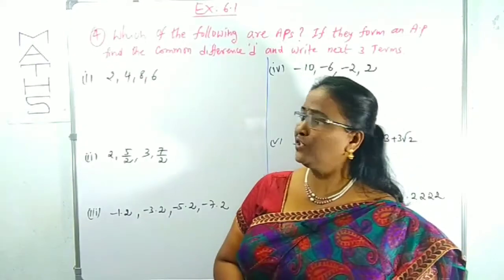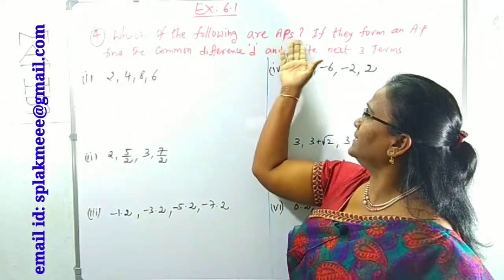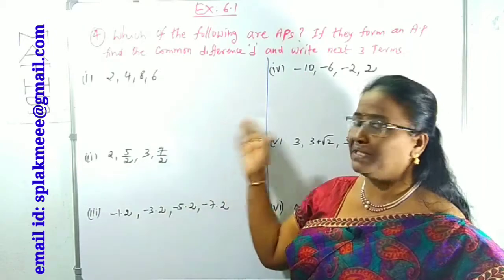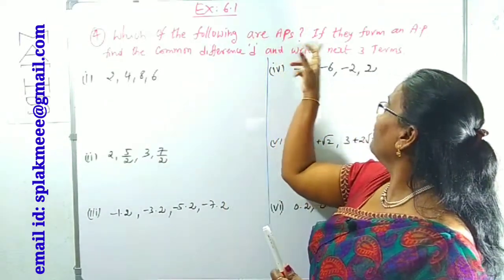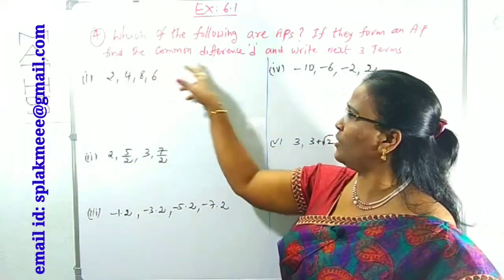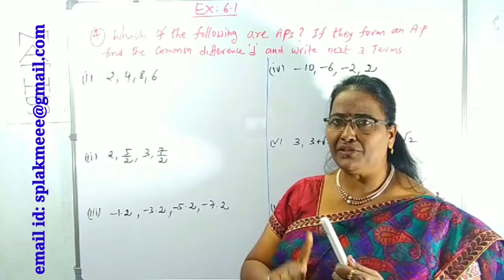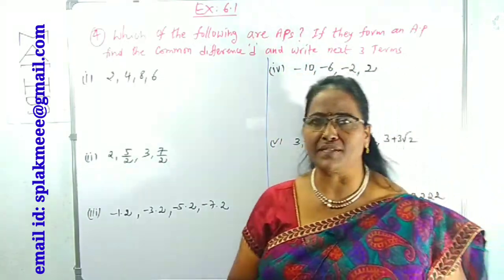Clear? Let's look at question number 4. What is it asking? Which of the following are in AP? Some bits are given, and we have to recognize first whether they form an AP. If they form an AP, find the common difference D, then write the next 3 terms.